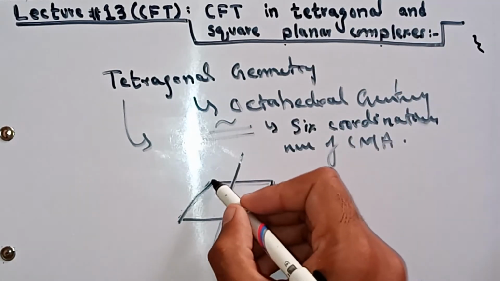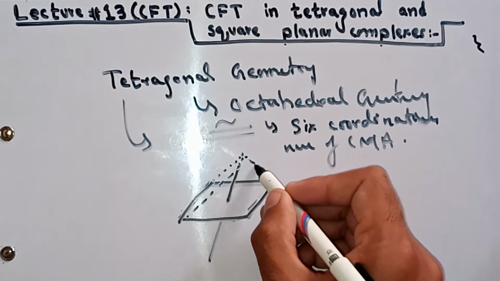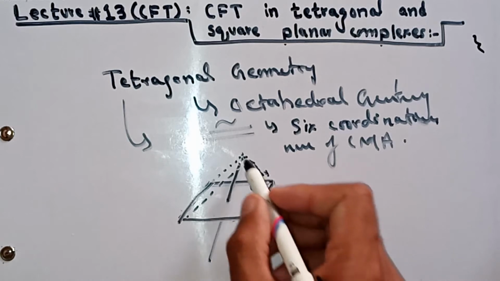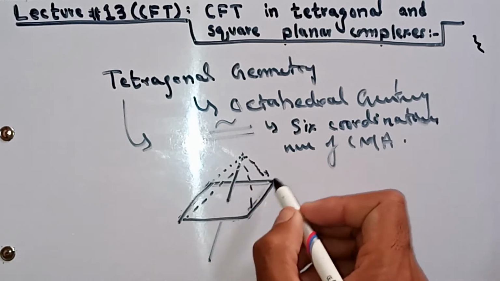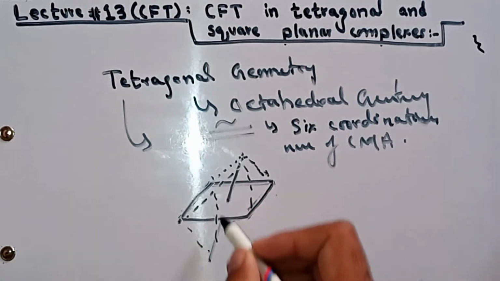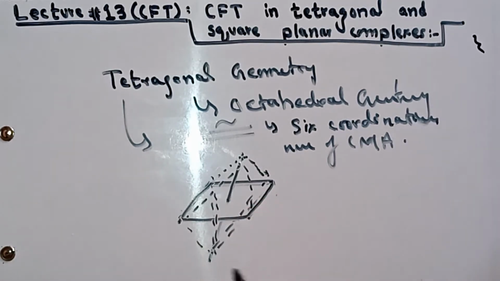So eight faces will be formed. One is from this side, one from this side, one from this side, one from these four sides. Similarly, four sides will also form here. So this is octahedral geometry.